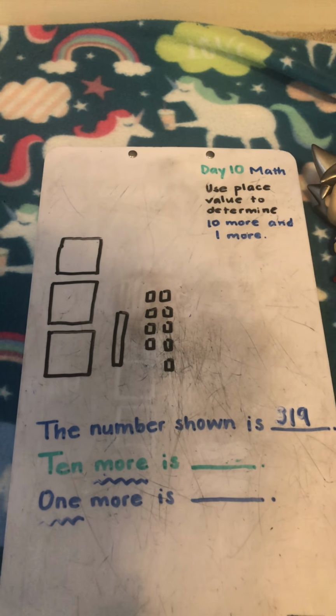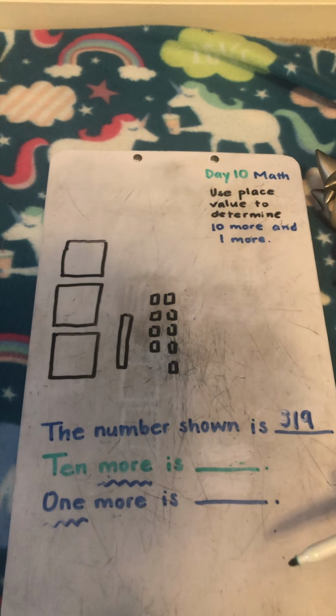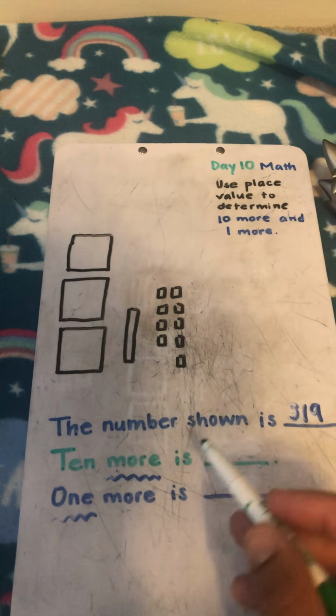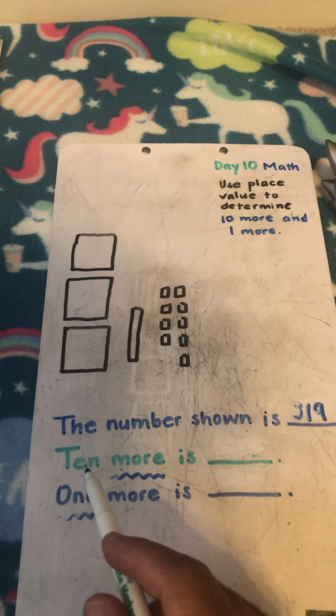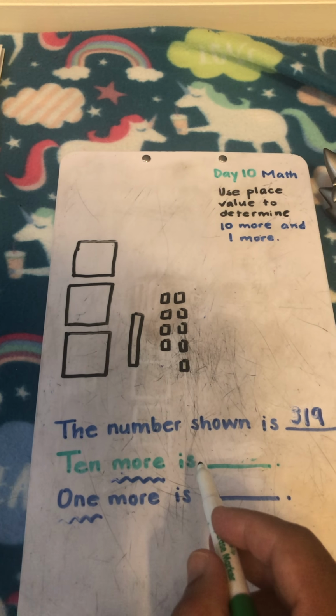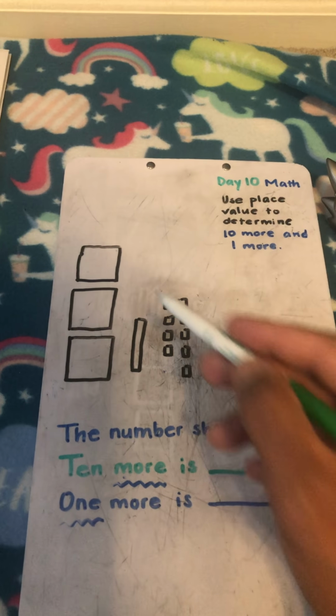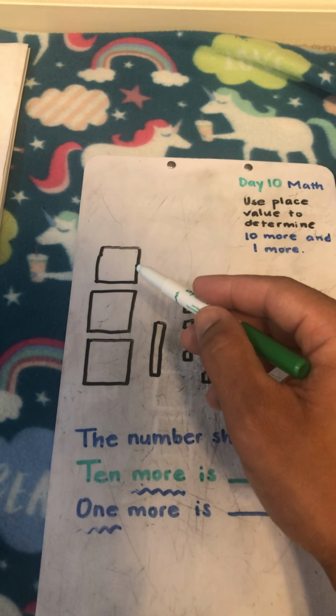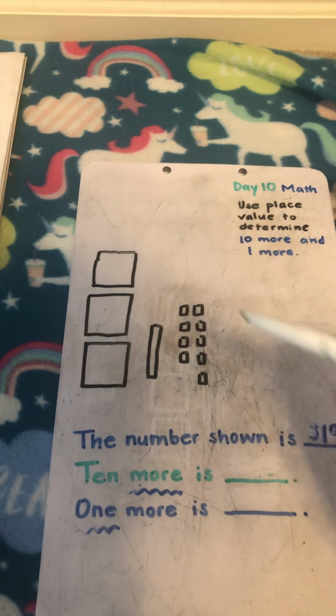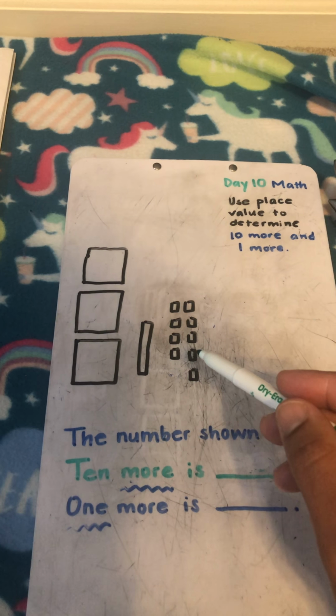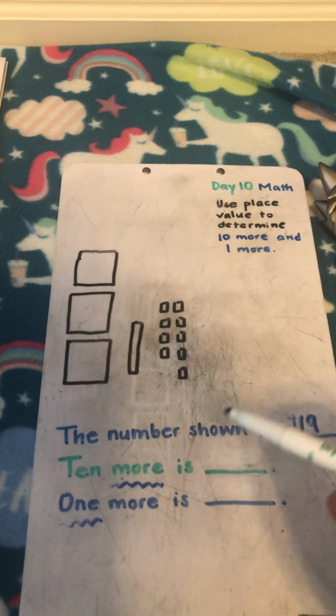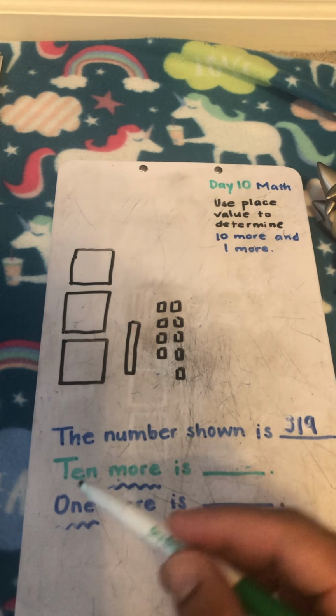Now let's again think about what would happen if we changed these values. First, we're going to think about what would happen if we had 10 more. If I had 10 more, is that going to change my hundreds? Nah. Is that going to change my ones? In this case, we want to change our tens value.